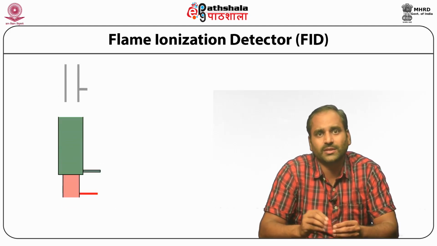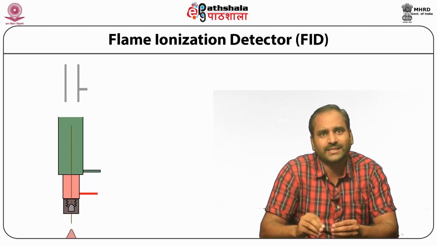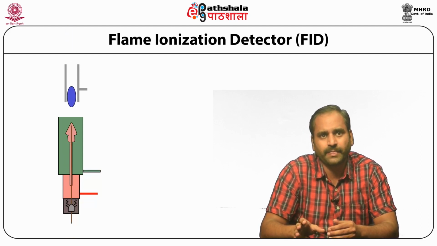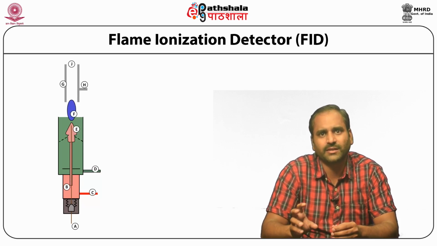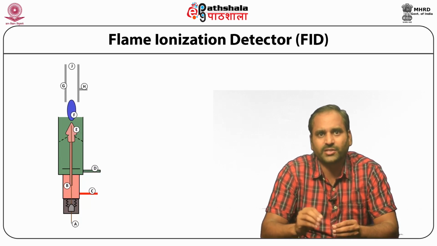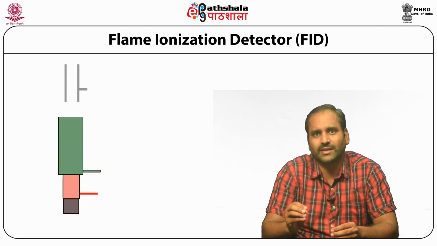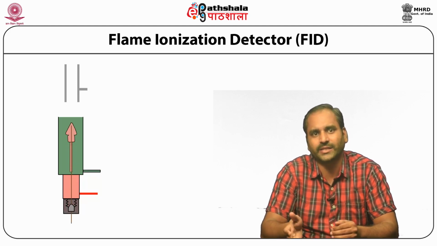This slide shows the schematic representation of a flame ionization detector. The eluent exits the gas chromatograph column, designated as A, and enters the flame ionization detector's oven, that is B. The oven makes sure that as soon as the eluent exits the gas chromatography column, it does not come out of the gaseous phase and deposit on the interface between the column and the detector.